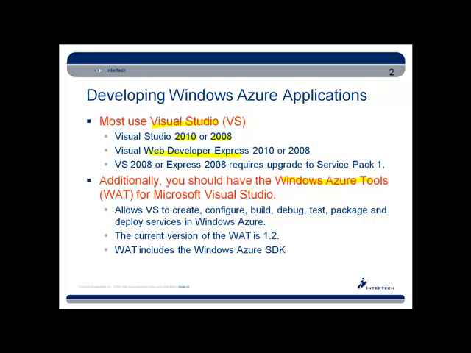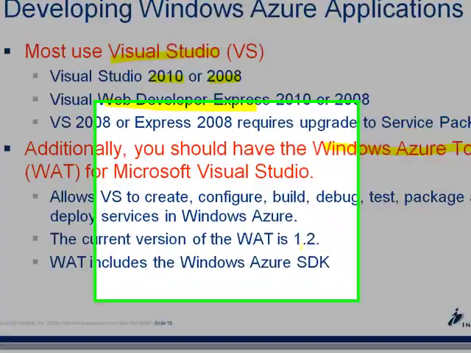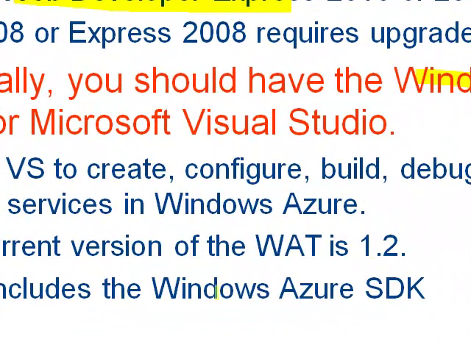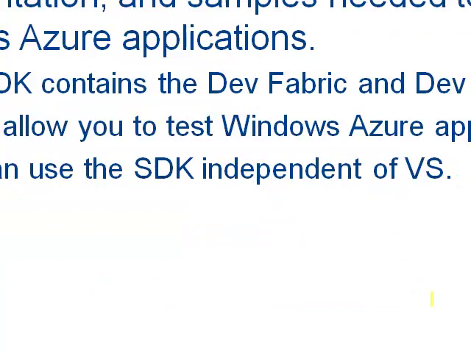First of all, things like the templates allow you to create cloud service applications, along with the actual environment to debug and test applications inside of your development environment. The current version of WAT is 1.2, and the Windows Azure Toolkit actually includes something known as the Windows Azure SDK, and that's really at the heart of what provides us the development environment for Azure. We'll talk about that on the next slide.